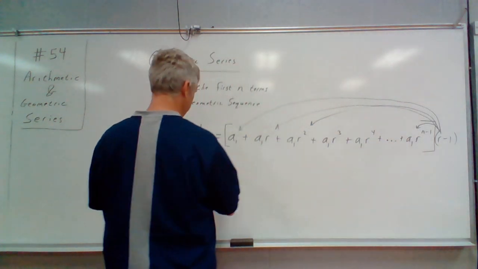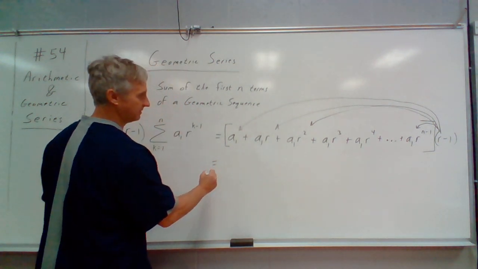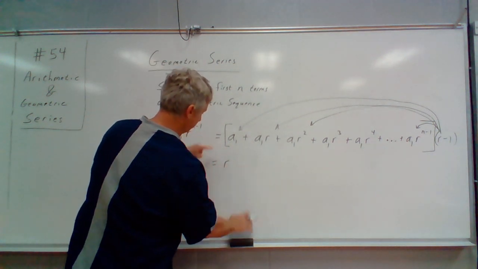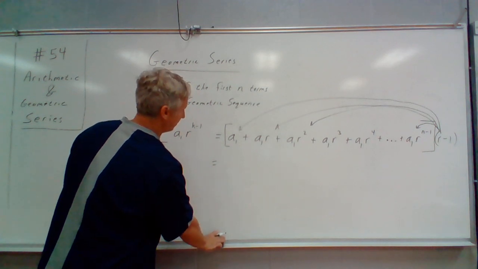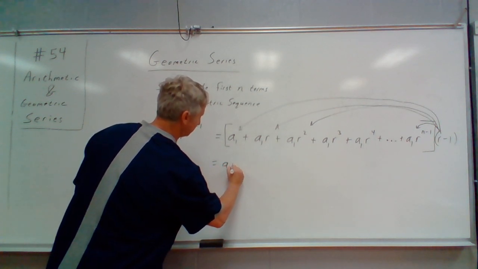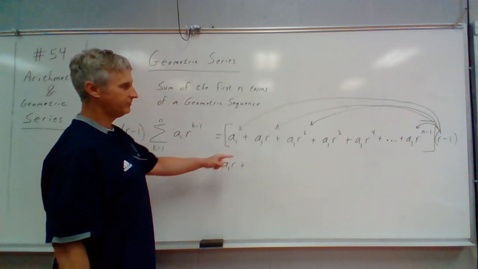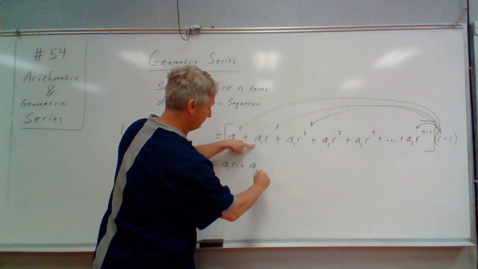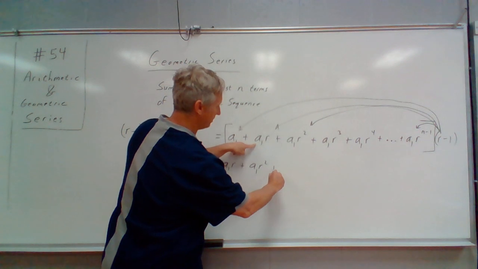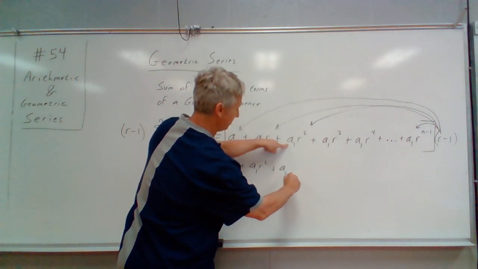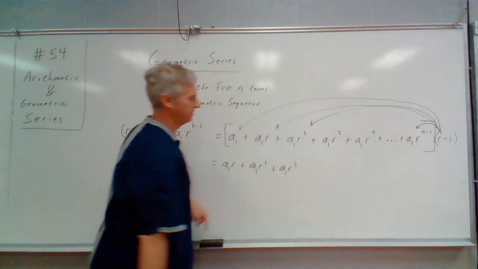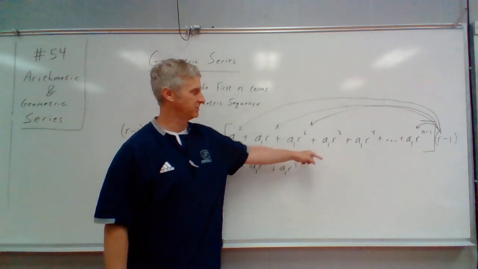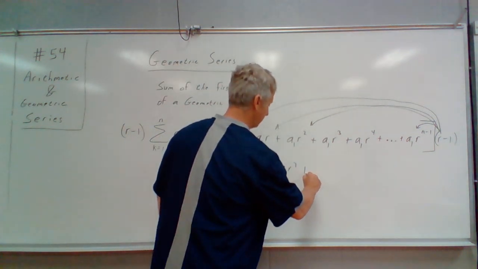So r times a sub 1 will be a sub 1 times r. R times this term will be a sub 1 r squared. Then it'll be a sub 1 r to the third. And then a sub 1 r to the fourth, and so on.